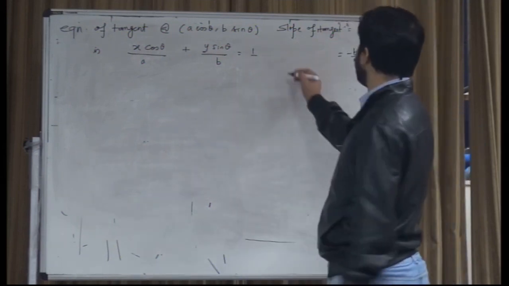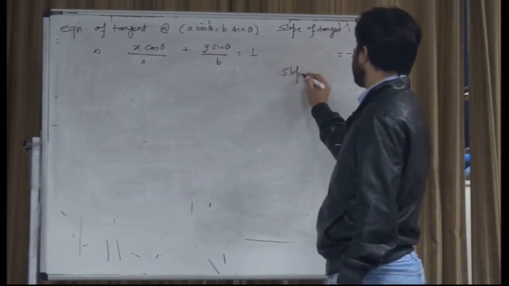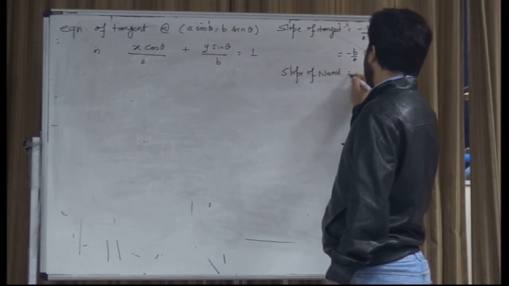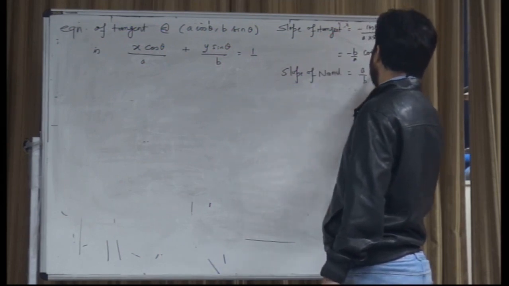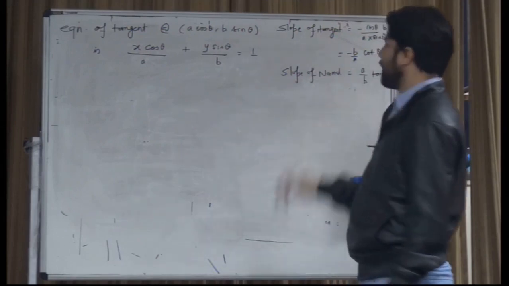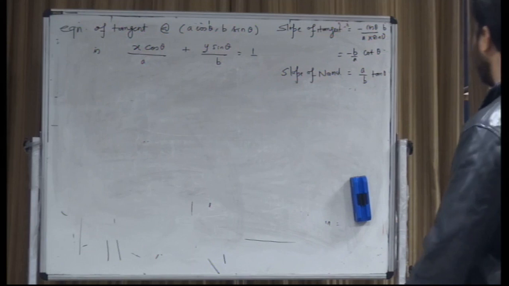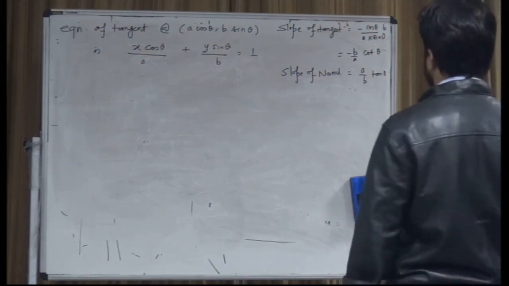Then the slope of normal is going to be a upon b tan theta. Cot theta's reciprocal is tan theta, and minus would be replaced by plus.